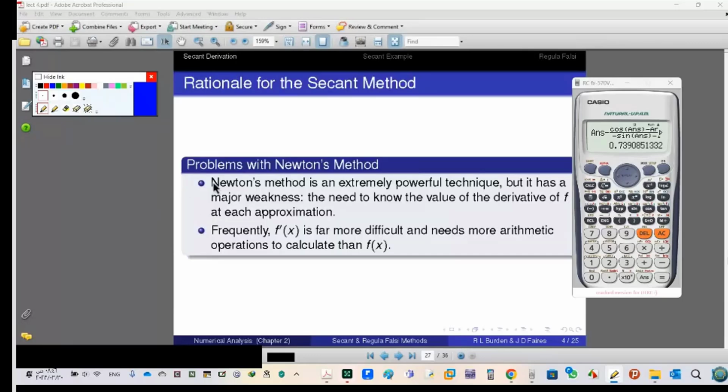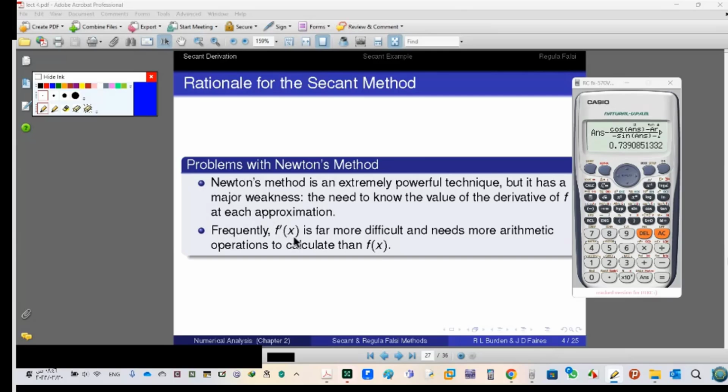See here, Newton's method is an extremely powerful technique, but it has a major weakness. What is this? The need to know the value of the derivative of f at each approximation.